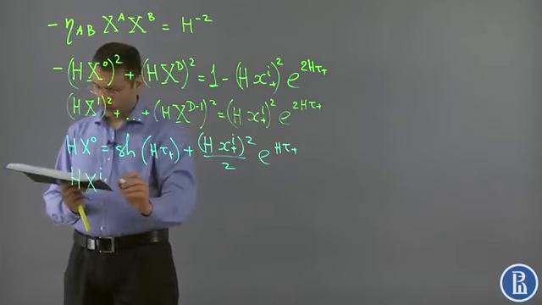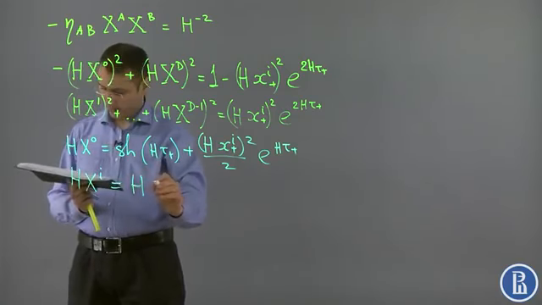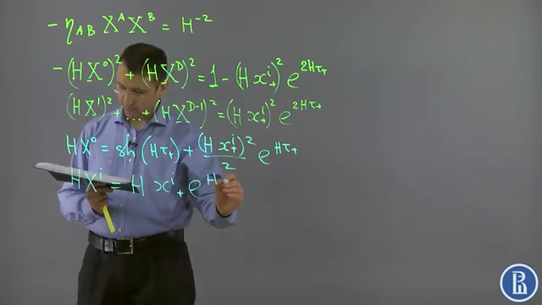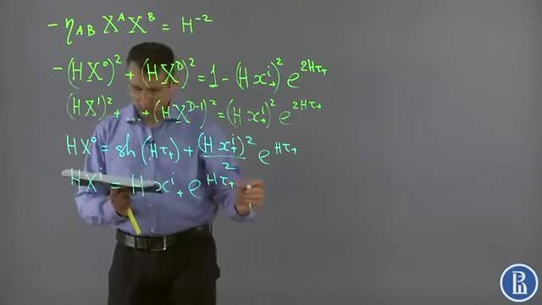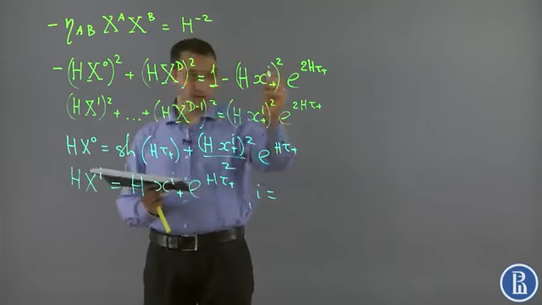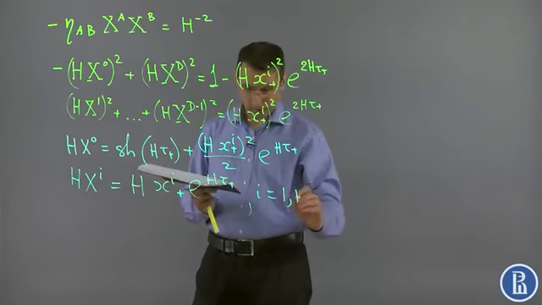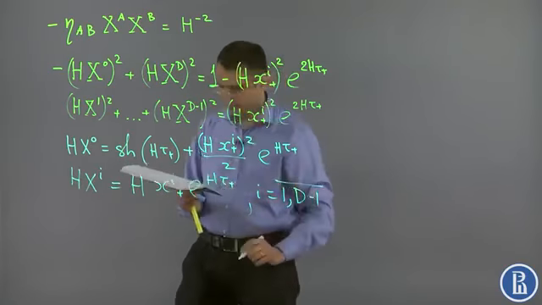This then will be solved like this, hxi plus to the exponent of h tau plus, where I, both here, here, and here, is ranging from 1 to d minus 1.